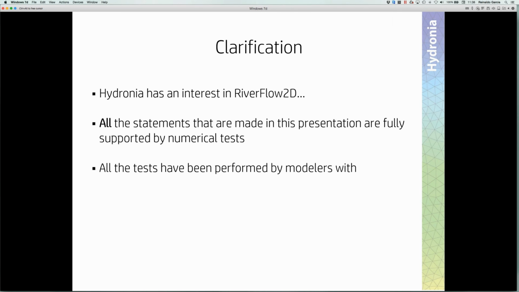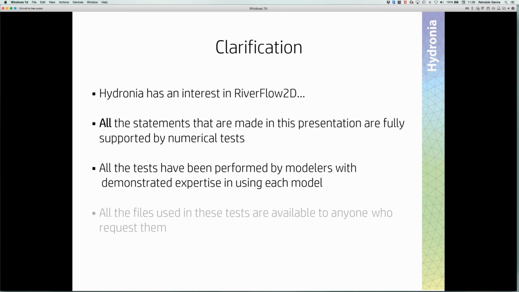And these tests are open and have been made by modelers with demonstrated expertise in using each of the models we are going to be using. Also, for people who request, we can provide all the files used for testing all the models that we are testing today, which are, as I said before, RiverFlow2D, HEC-RAS 2D, and SRH.